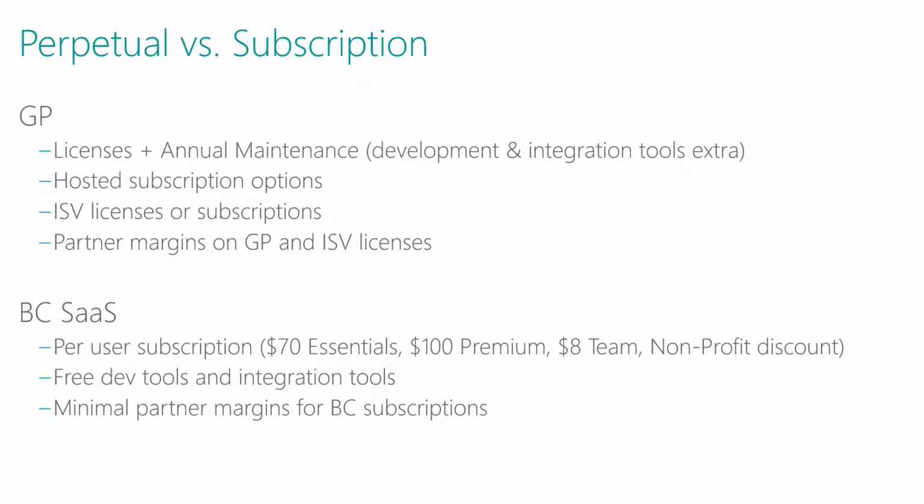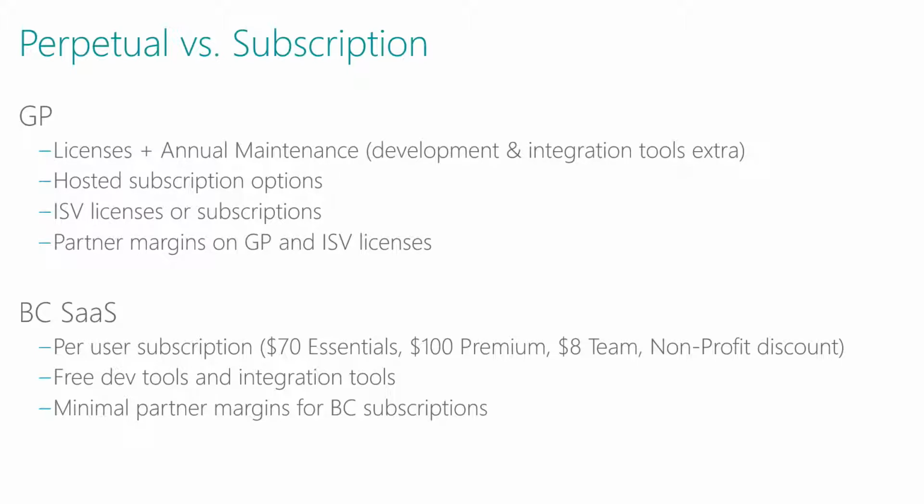I don't know what those margins are, but let's say it's 15, 20% or more. That could be a pretty significant source of revenue on the sale of the software as well as ISV licenses. And I believe there's also a partner margin on the annual maintenance fees. So it is a source of revenue for many partners in the GP world.